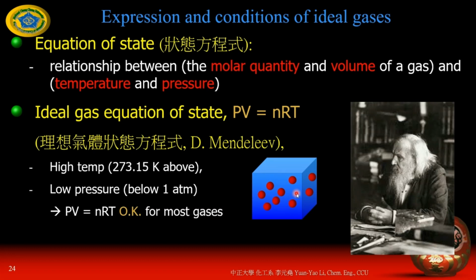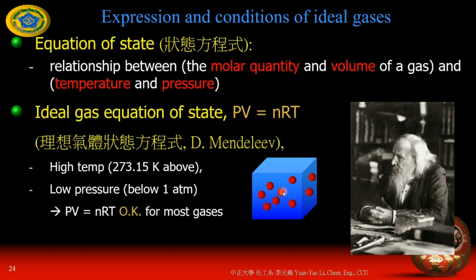Low pressure means you have fewer atoms, so the interaction of the atoms will be less. That means it's easier to become a gas. So I don't think it is difficult for you to realize high temperature and low pressure.